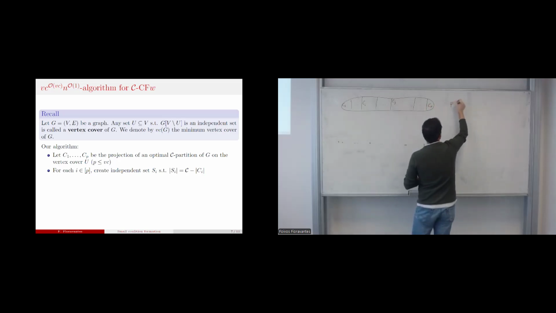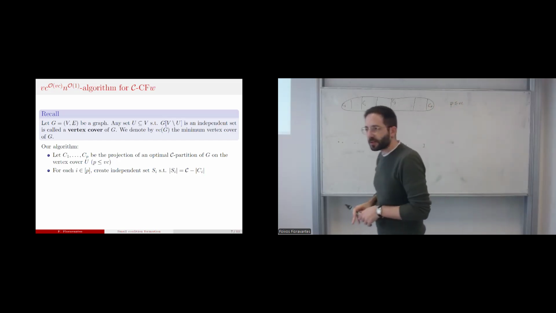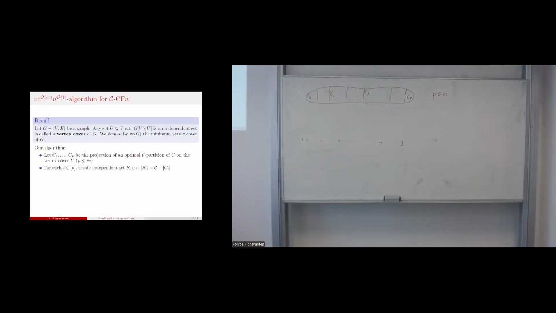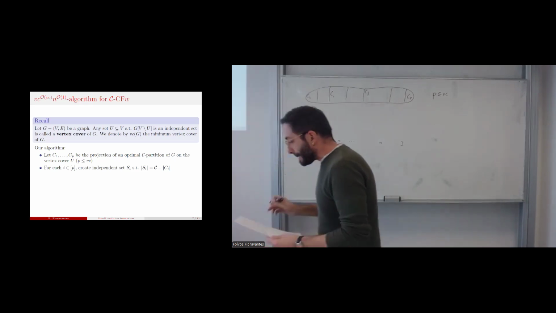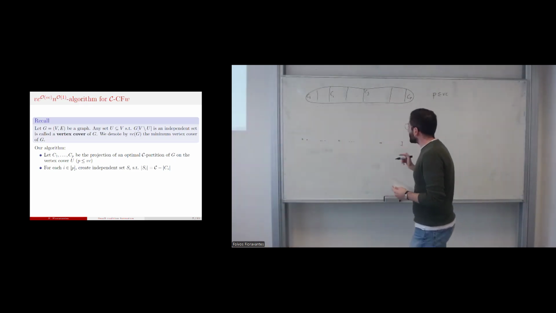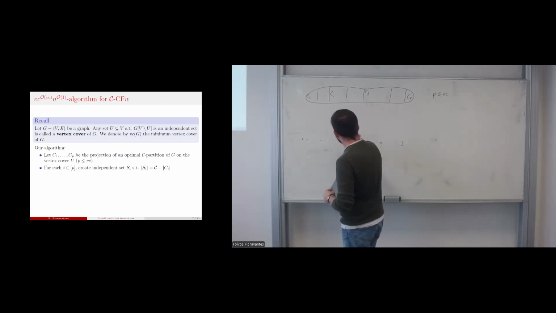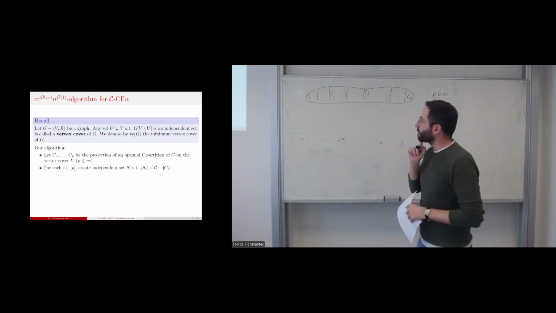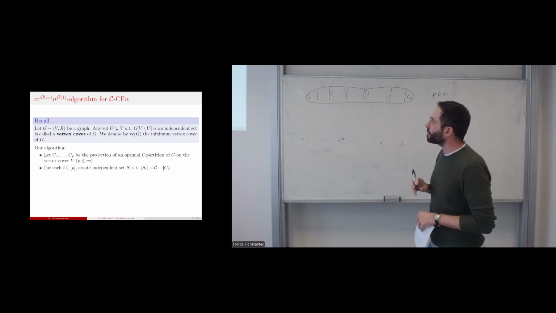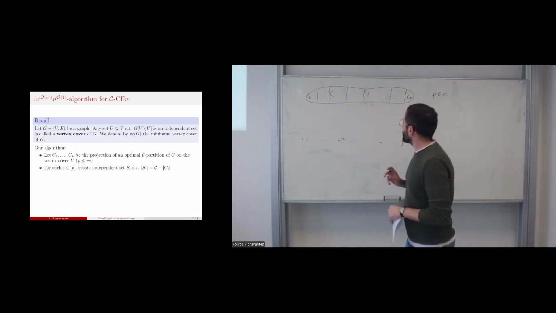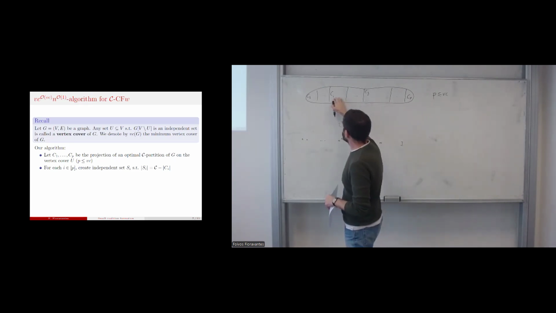And the first observation is that there is no reason to have vertices that are not in the vertex cover. Okay, so what will we do? We are going to come up with an FPT algorithm for the weighted version, parameterized by the vertex cover. So these are the projections.